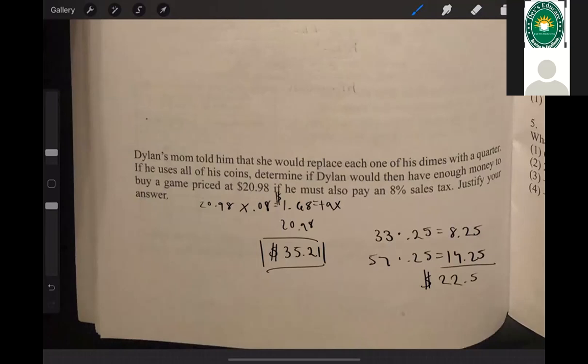So he can't pay, because 22.50 is less than 22.66. So he can't. Let me just copy this down.